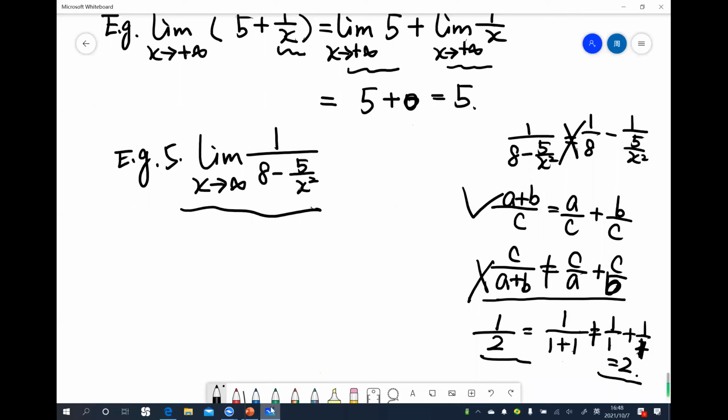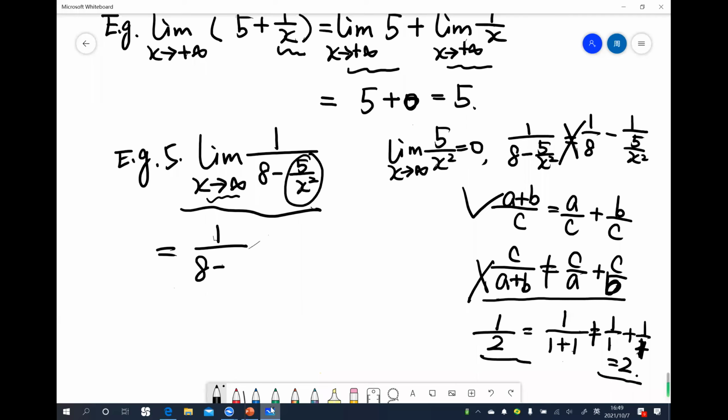And then for this part, we can use the substitution rule, right? So that equals 1 by 8 minus the limit of 5 by x squared as x approaches infinity, which equals 0, right?